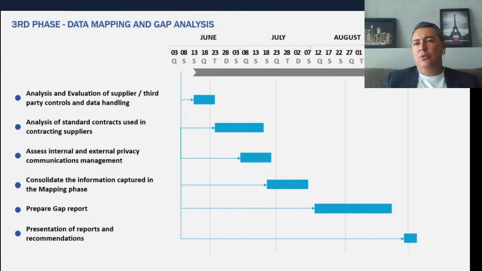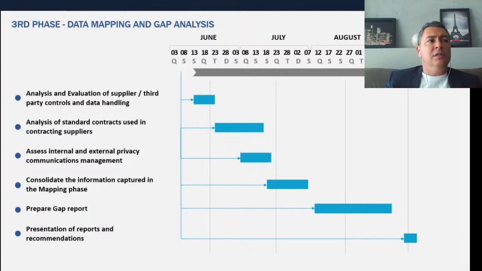So here we need to identify if one process that the company does is compliant with the law or not. Maybe something that the marketing is doing is not compliant with the law, is unlawful. So we need to change that specific process.